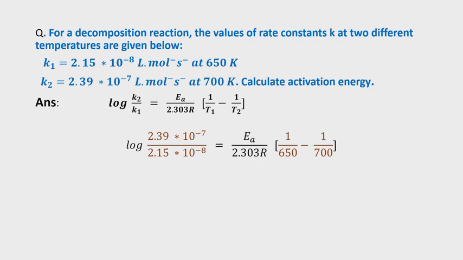Here, check. K2 is given in the question. Next, K1 is given in the question. We want Ea, 2.303, R value 8.314, 1 by temperature T1 is given. Next, T2 is also given.